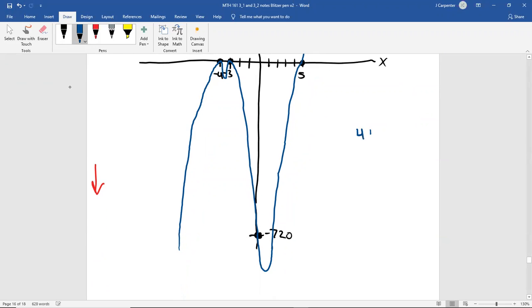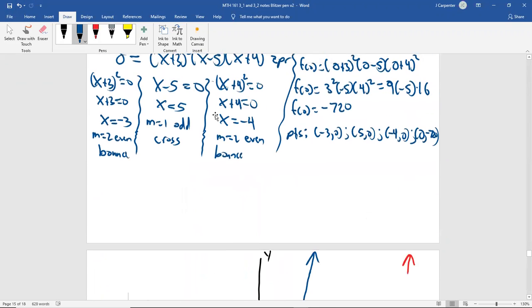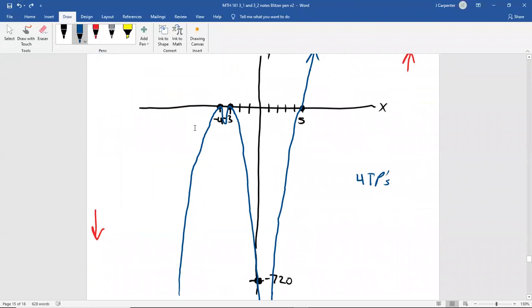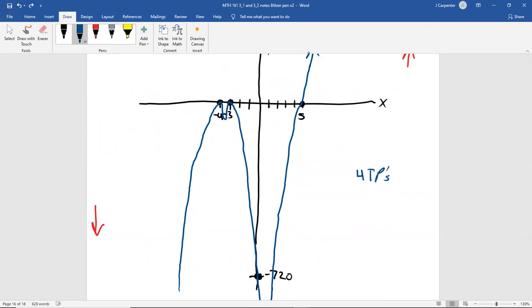There are 4 turning points. And we said the number of turning points can be at most 1 less than the degree. The degree of this polynomial was 5, which means this is the absolute maximum number of turning points. It is not possible for the graph to have done this because then you'd have 6 turning points, and that would be too many.